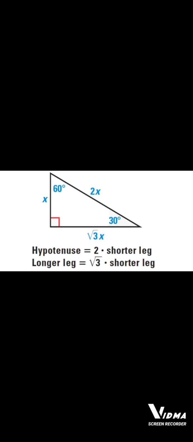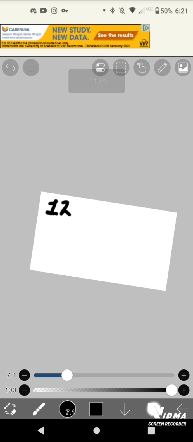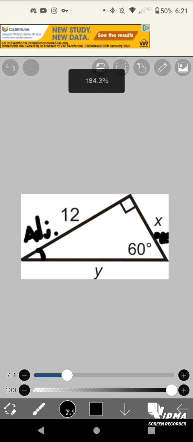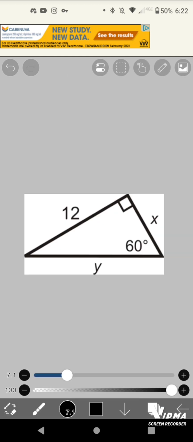Those are alternate names for the adjacent and the opposite. The adjacent leg is always going to be longer, and the shorter leg will always be the opposite leg. I don't know why, that's just how it is. And so we are given the longer leg in this equation. We see here that it's 12.